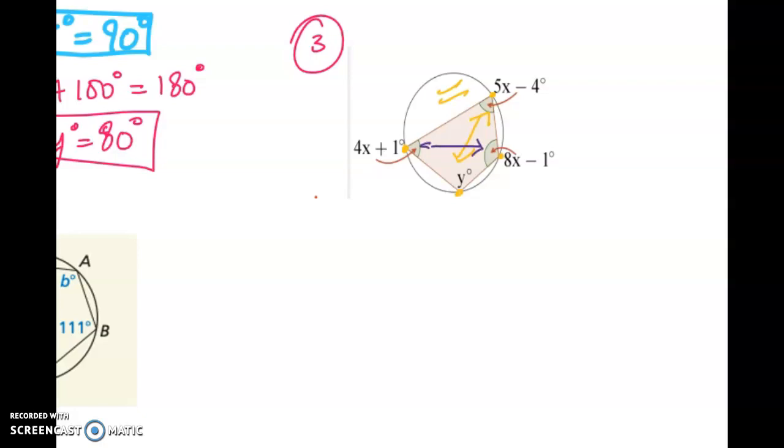So let's start writing the equation. I can say 4x plus 1 plus 8x minus 1 should be equal to 180 degrees.